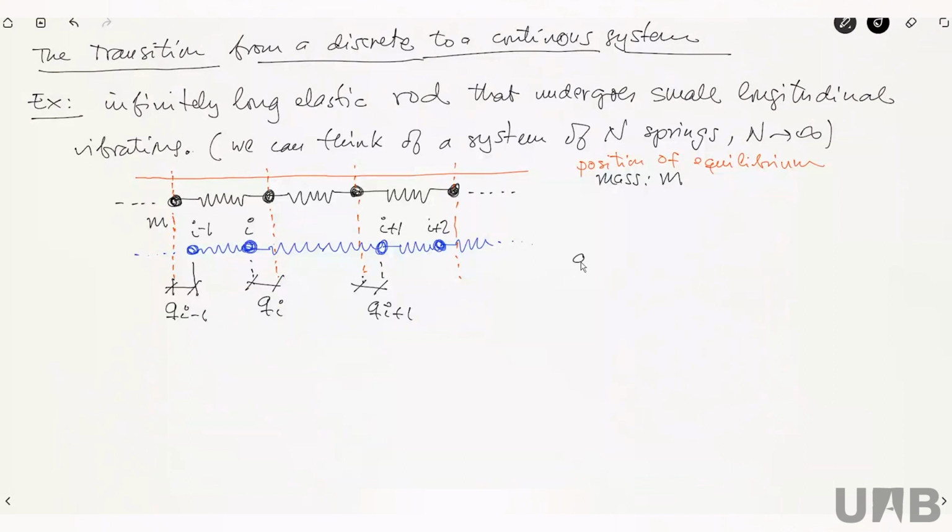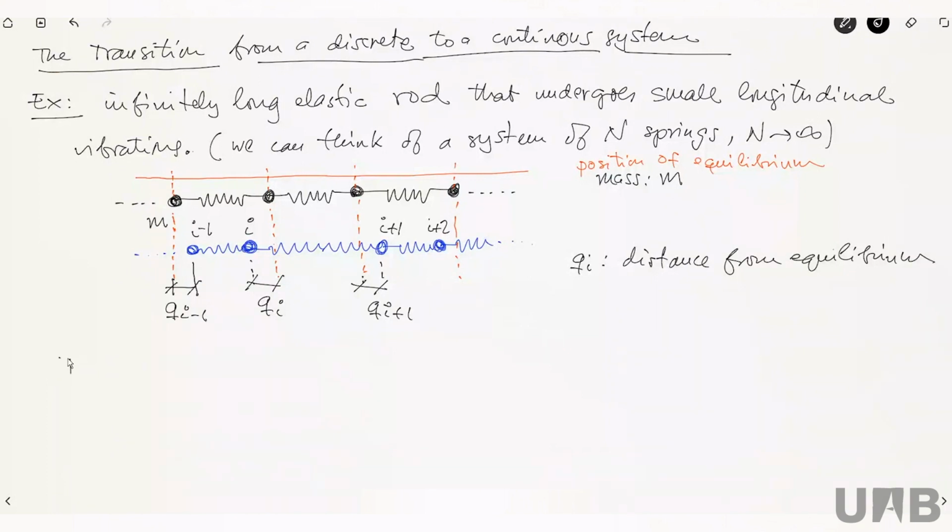So the q_i's are the variables that measure the distance from equilibrium. For each particle i, I have the corresponding q_i.